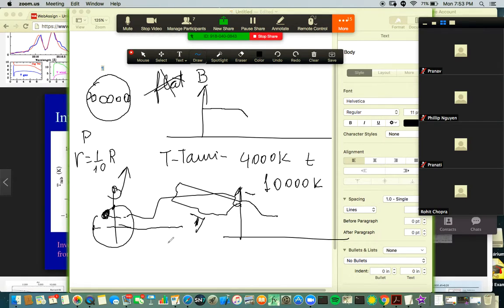So basically, if you think about total flux, let's say 90% comes from a star that's 6,000 degrees, and for the first exercise, 10% comes from a star that is 4,000 degrees.